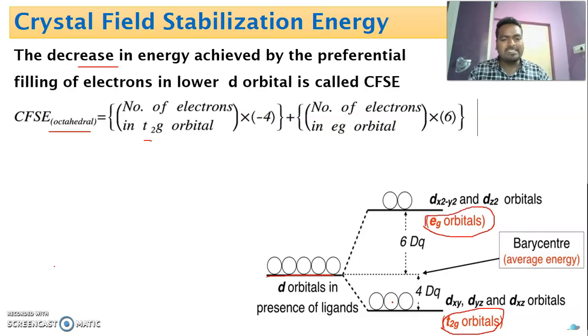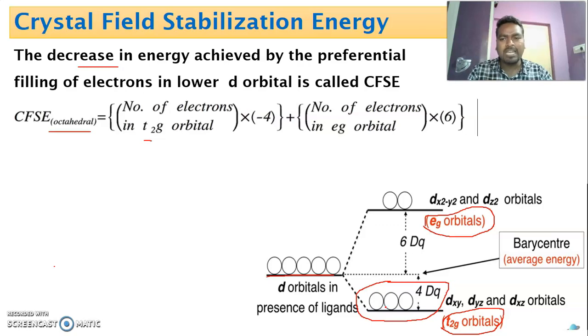The stability of the complex depends on the number of electrons entering the lower orbital, which in octahedral complexes is t2g. So the more electrons come to the t2g orbitals, the more the stability.